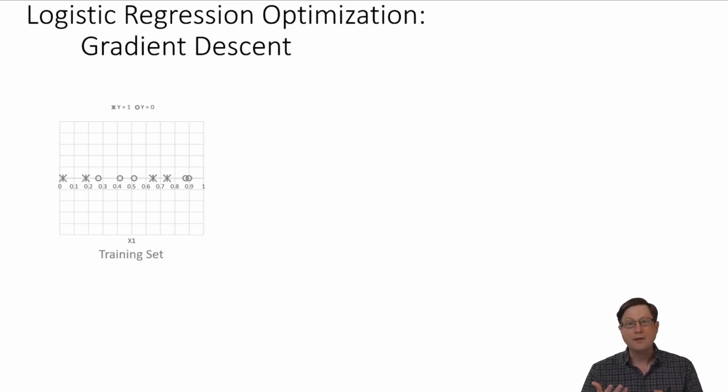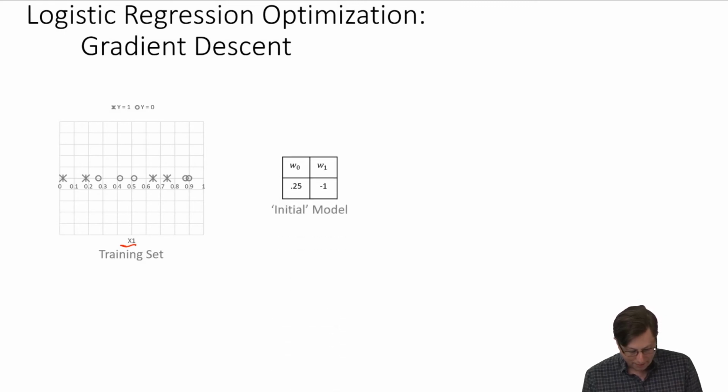And now the optimization method. For this algorithm, we're going to use gradient descent. Here we go. Say we have a training set that just has one dimension, so every sample in your data just has one feature, called x1, and it ranges from 0 to 1, for example. And we have this model as the starting point: weight 0, the bias weight, is 0.25, weight 1 is -1.